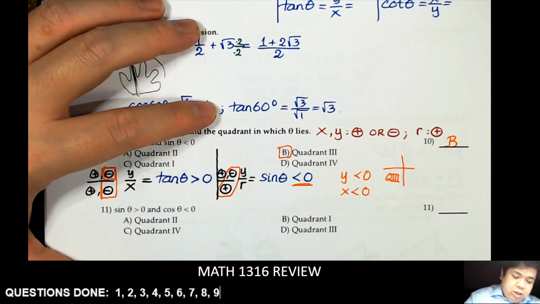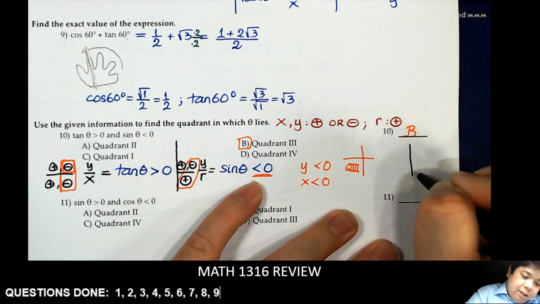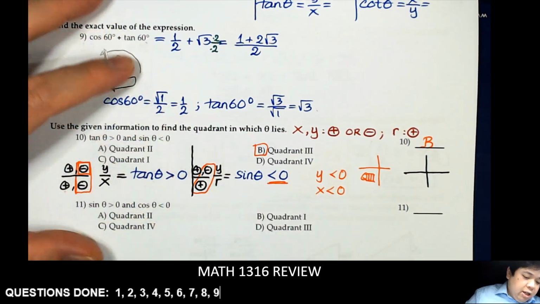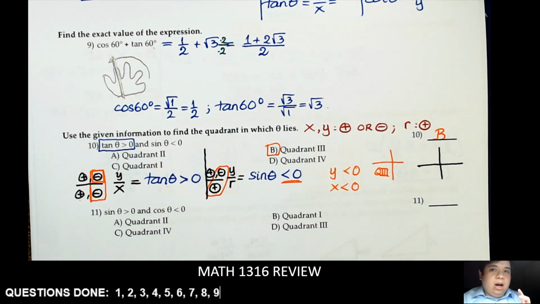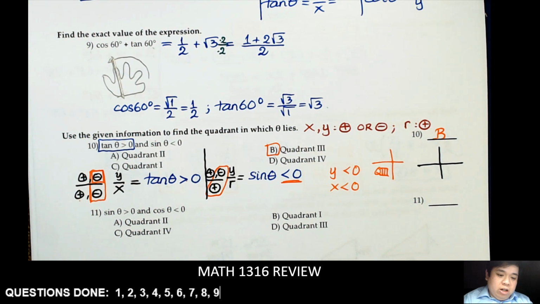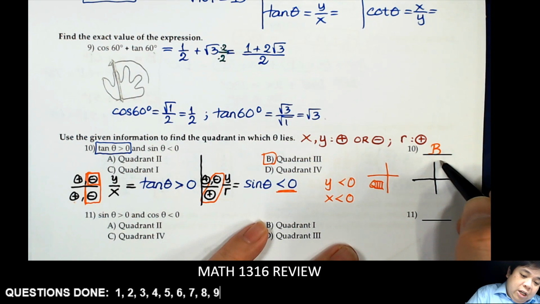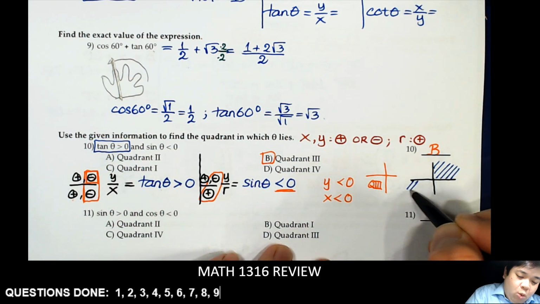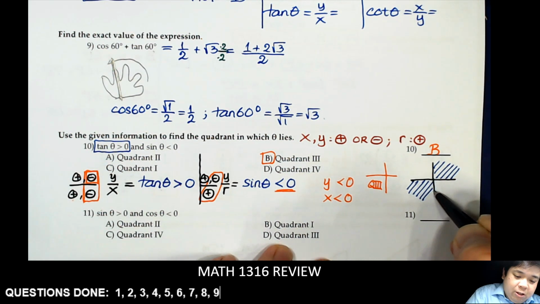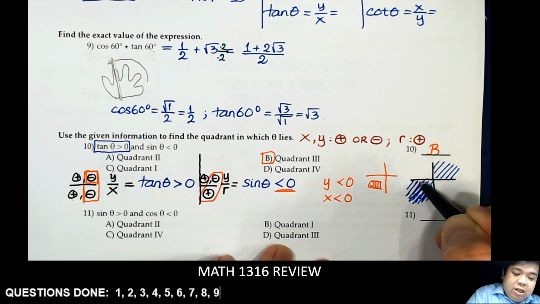Or we can also do this. First, tangent is positive. Tangent, Y over X, is positive in quadrants 1 and 3. In the first quadrant everything is positive, so that one's good. And tangent is positive in this quadrant as well, because X and Y are both negative, so Y over X will be positive.